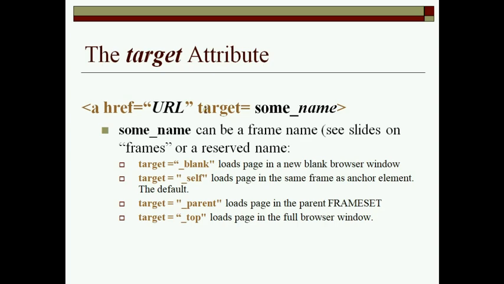This identifier over here can be anything you want, but it will give a name for referencing whatever browser window or frame is going to load this. The target can be blank, so it loads the page in a new blank browser window. It can be the same window, or it can be a parent window.